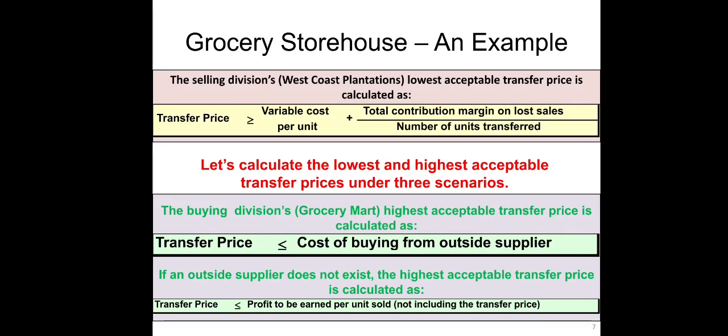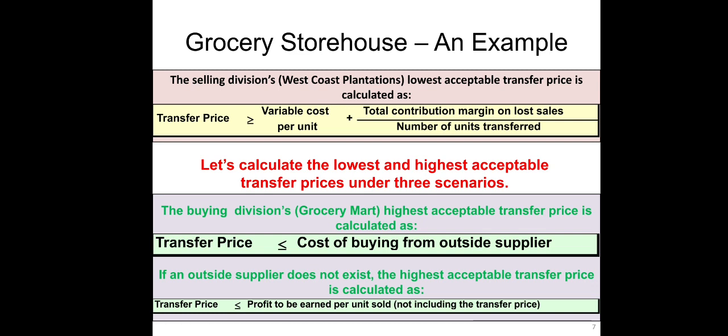If you use the negotiation method, there are several formulas that you can use, and you can see in what range of transfer price the negotiation can succeed. Beyond that range, the negotiation will fail.